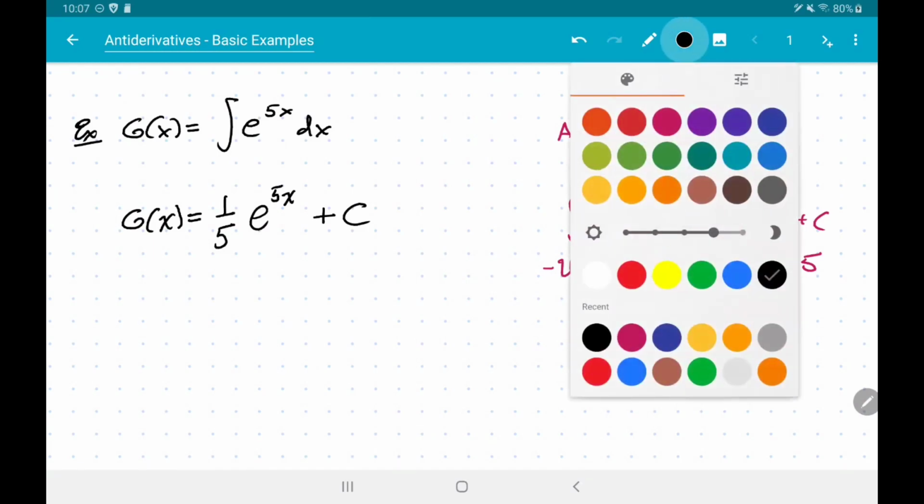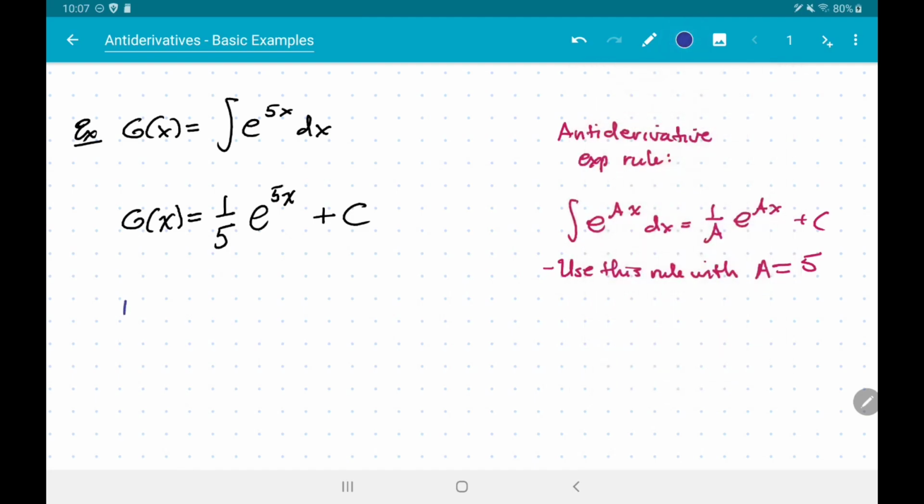Again, to check this, we'll take the derivative and see if it takes us back to the thing that was inside the integral symbol. Okay, g prime of x is, we keep multiplication by 1/5.